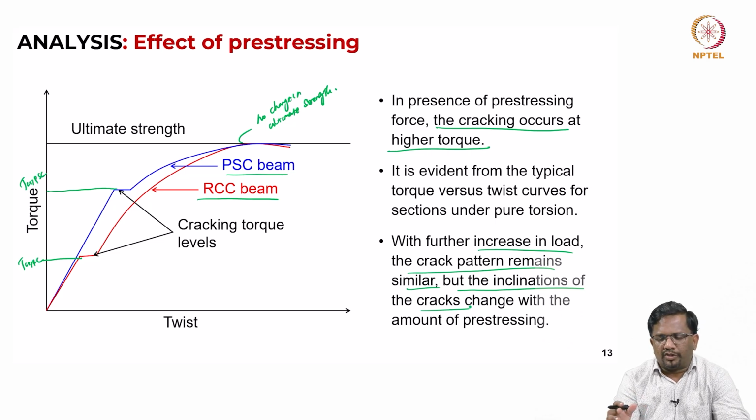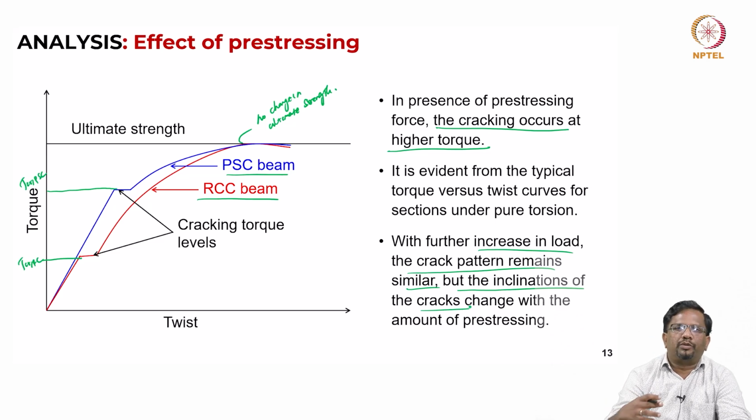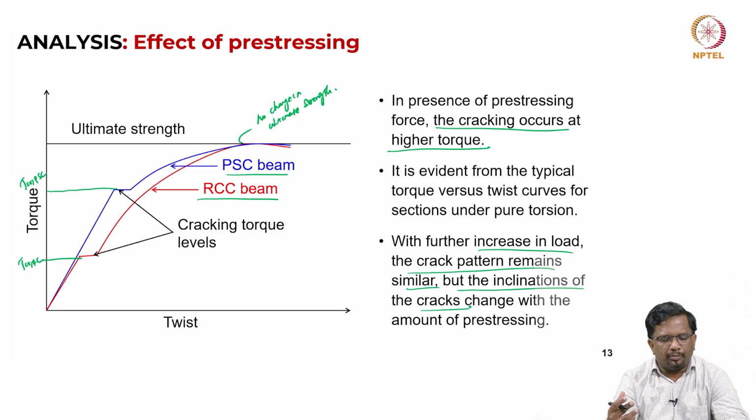But once it cracks, the effect of pre-stressing is somewhat nullified, and mostly it will be the stirrups and longitudinal bars that are going to help in transferring the remaining applied torque.